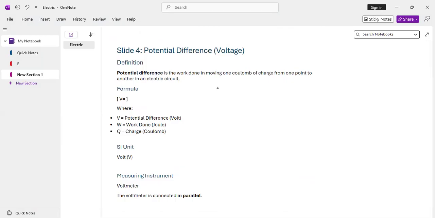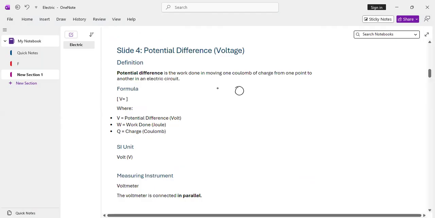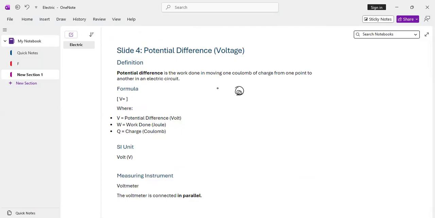Potential difference is the work done in moving one coulomb of charge from one point to another. So if this is a charge now, remember that the current is these electrons, the rate at which it moves on a conductor.